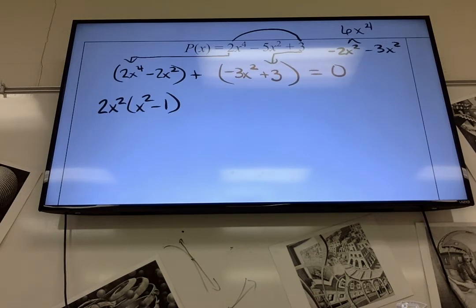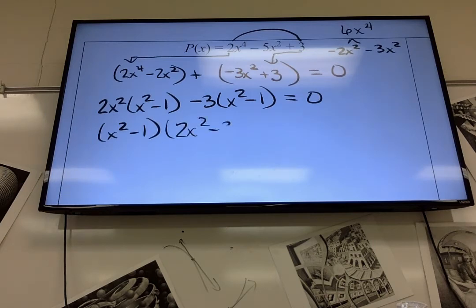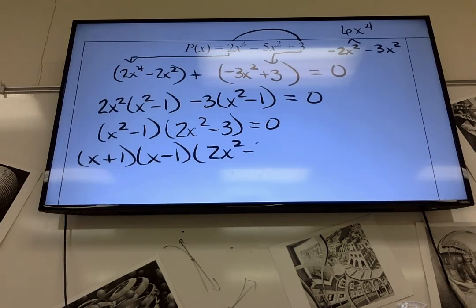Here I can factor out a -3, also leaving us with x squared minus 1. Those 2 are the same, so I can factor that out, leaving us with 2x squared minus 3. X squared minus 1 will factor. It's a difference of 2 squares.